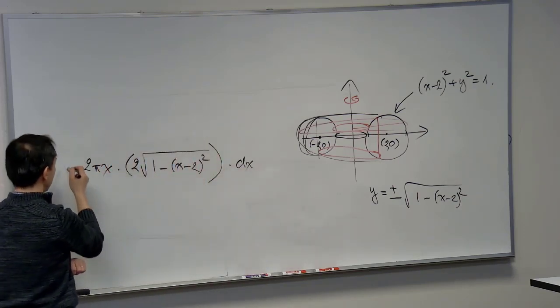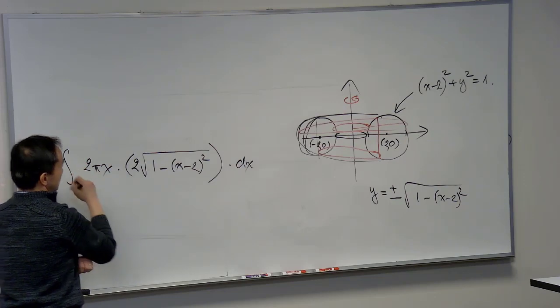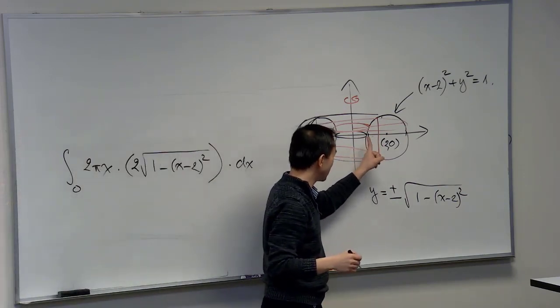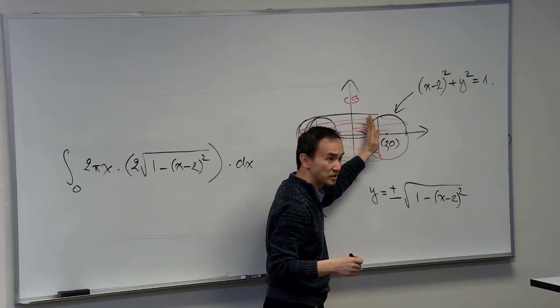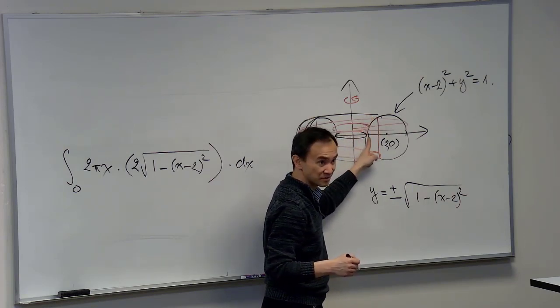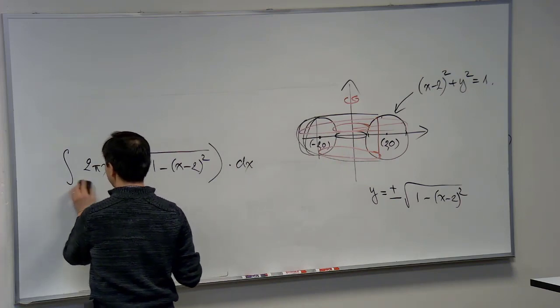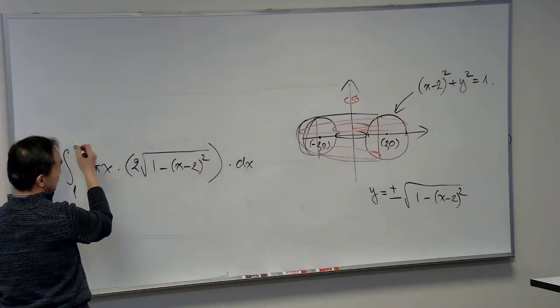And then we're accumulating from 0 to whatever the last point is. Actually, in this case it's not 0. The closest shell we can put is at 1, right? So I'm calculating from 1 to 3.